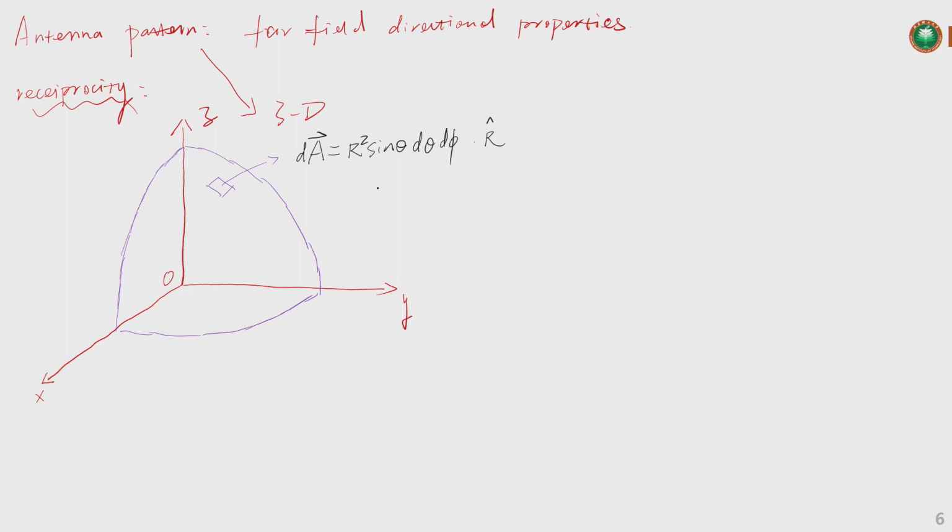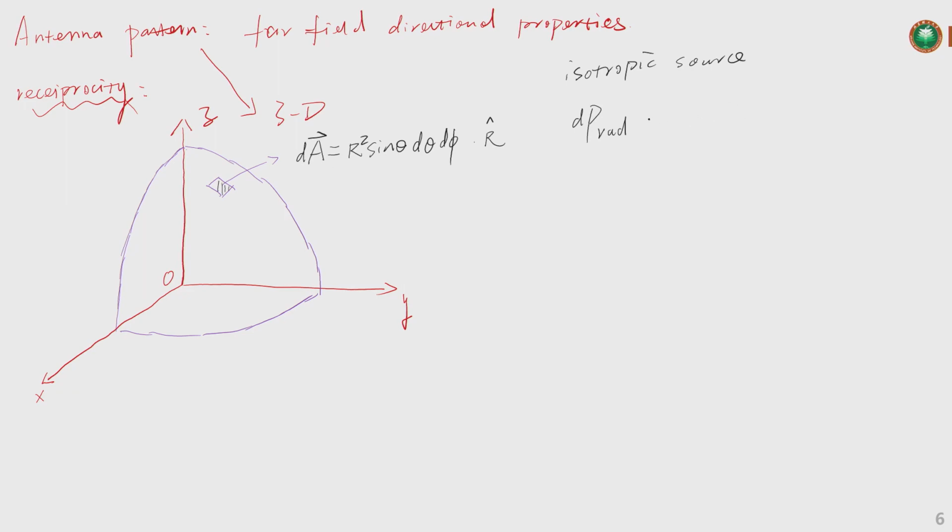Now, if we know, for example, for an isotropic source, that means this is just a point source maybe, and over the whole surface of the sphere, its coordinates are uniformly distributed, we can calculate the power radiated from the source and passed through this unit area.